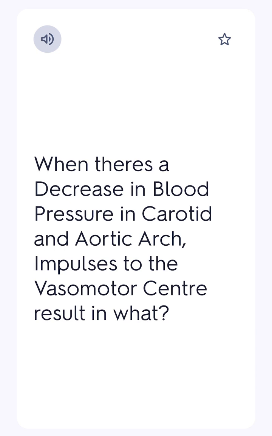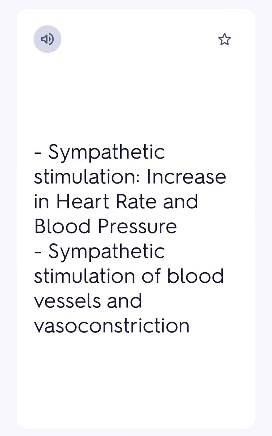When there's a decrease in blood pressure in carotid and aortic arch, impulses to the vasomotor center result in what? Sympathetic stimulation, increase in heart rate and blood pressure, sympathetic stimulation of blood vessels and vasoconstriction.